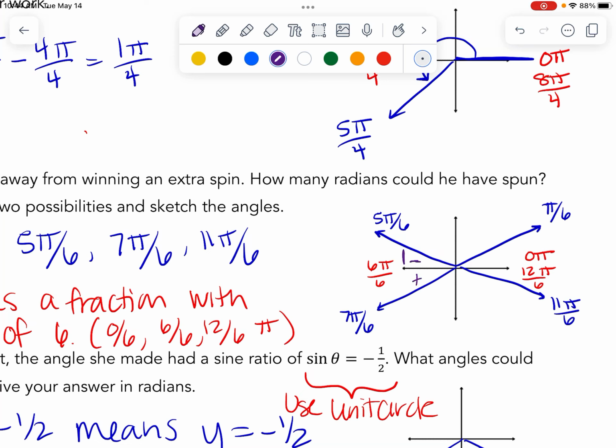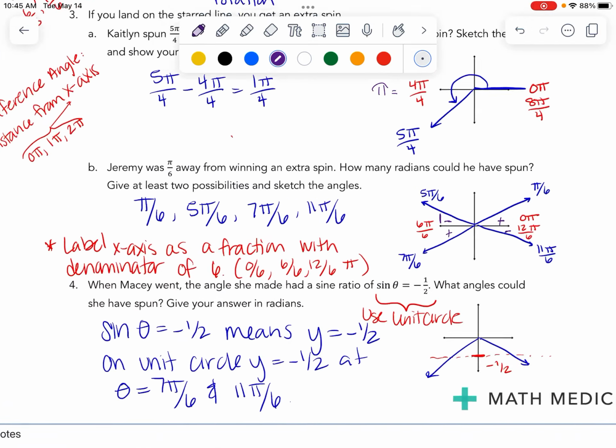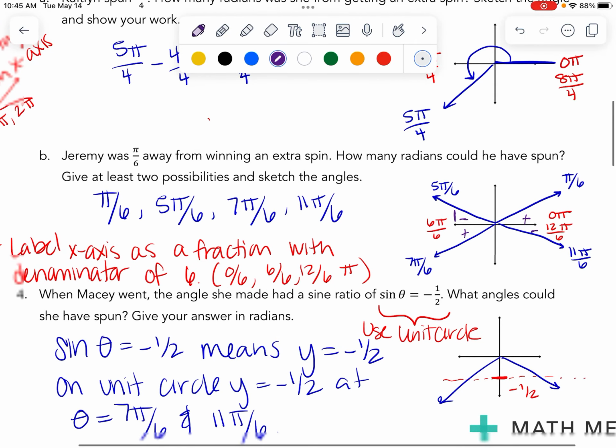Here I would have added. Here I would have added to 0. And here I would have subtracted away from 12 pi over 6 to get 11 pi over 6. So you label the x-axis as a fraction with the denominator of 6, and then subtract away. All right. So again, here, the angle Macy made had a sine equals -1/2.